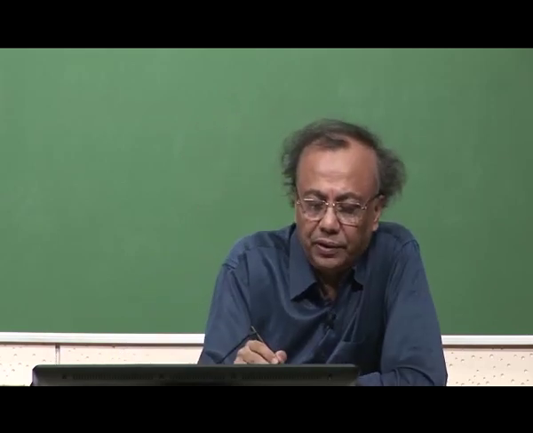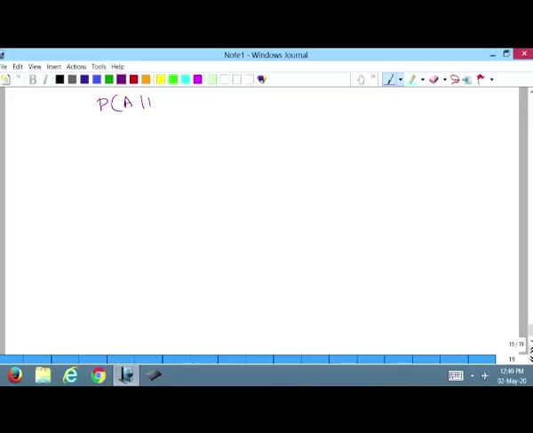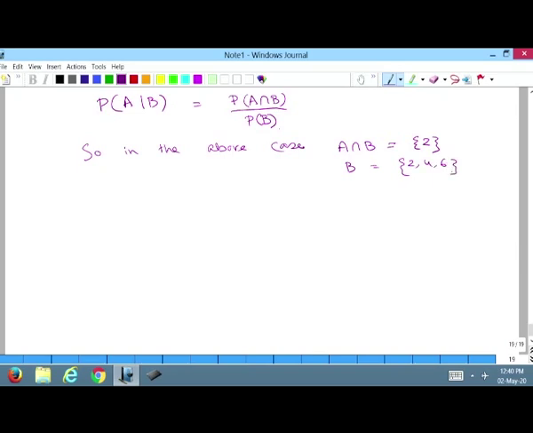How do you obtain that? Probability of A given B is equal to probability of A intersection B divided by probability of B. So, in the above case, A intersection B is equal to singleton 2 and B is equal to occurrence of 2 or 4 or 6.